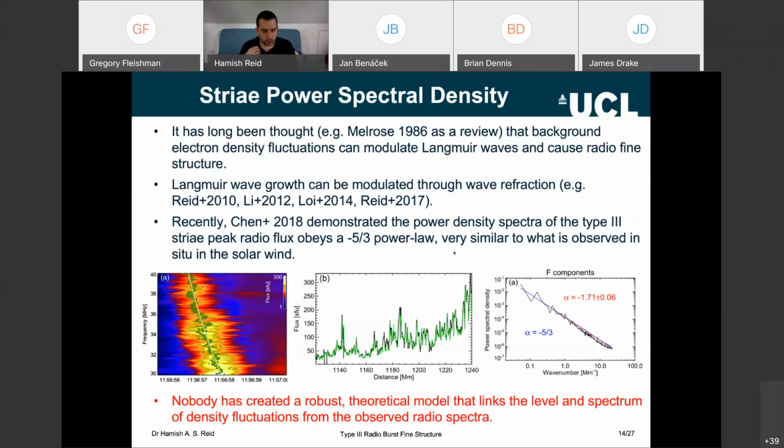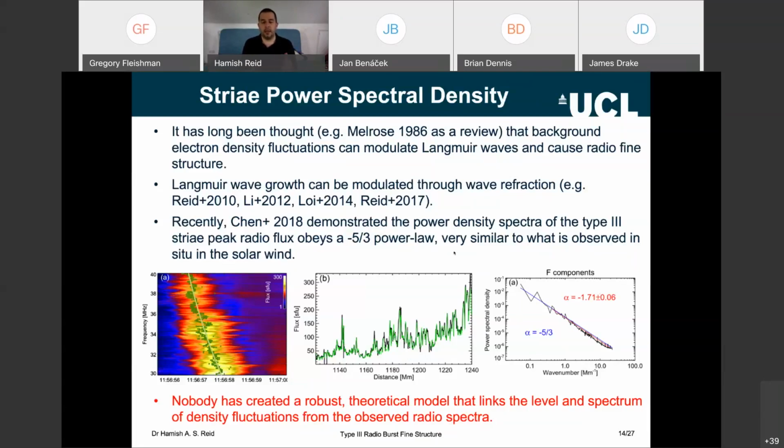So this provides more evidence that it is these density fluctuations that are producing the fine structure. However, nobody has created a robust theoretical model that actually links the level and the spectrum of the density fluctuations to the observed radio spectra, like the actual theory behind this.